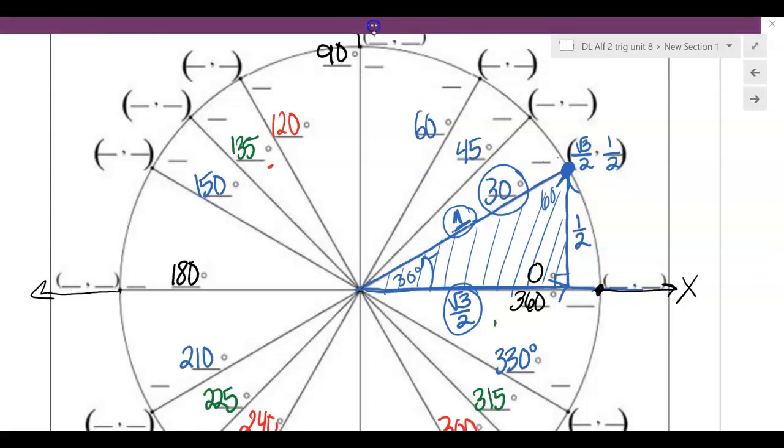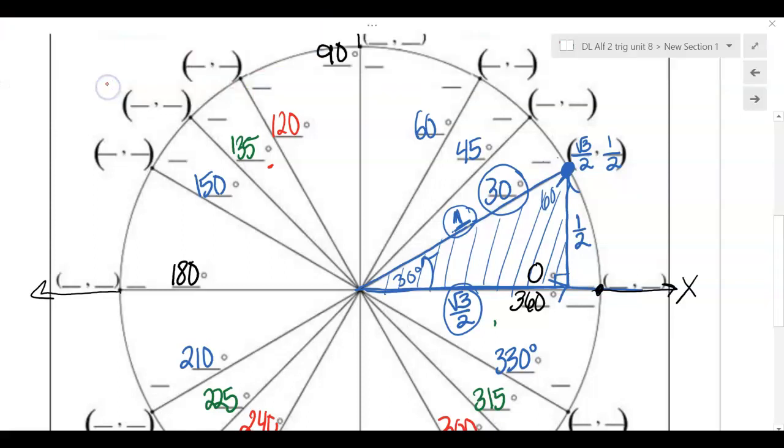Let's look at the 60-degree angle. So here's my 60-degree angle. If I connect that back to the x-axis and make a right triangle, here's now the right triangle that I'm looking at with a 60-degree angle right here. So that's a right triangle with 60 degrees. 30 would be here.